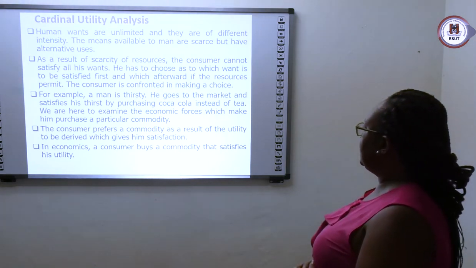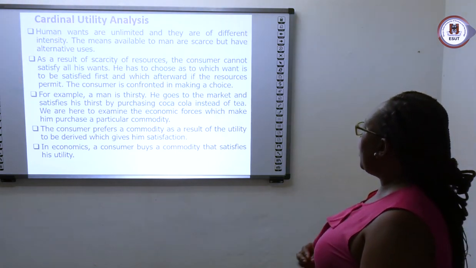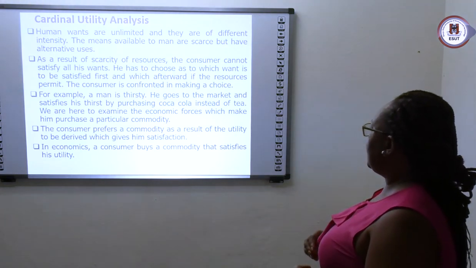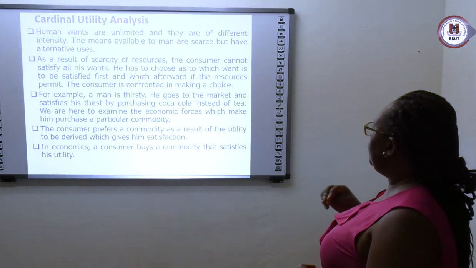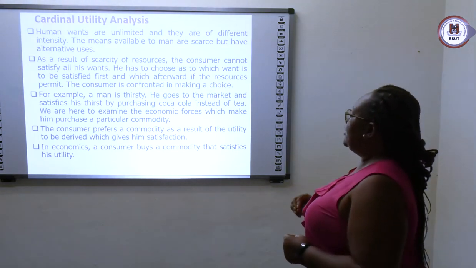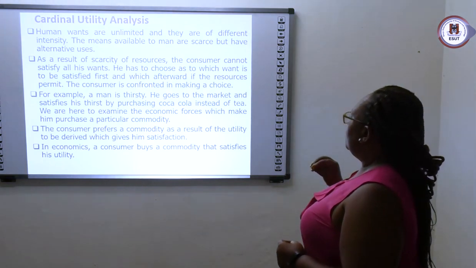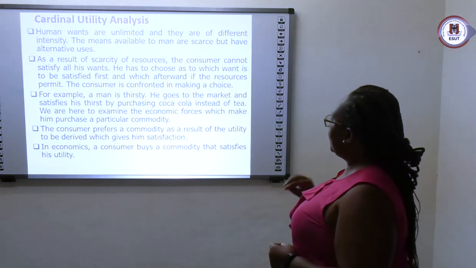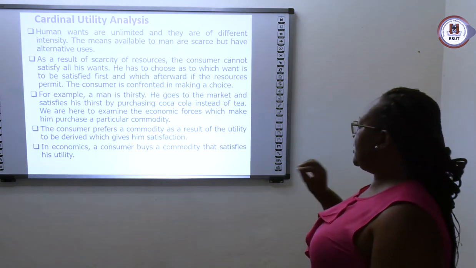The cardinal utility analysis. Human wants are unlimited and of different intensity. This means that the means available to man are scarce but have alternative uses. This particular point is telling us that the means available to man are scarce but have alternative uses.